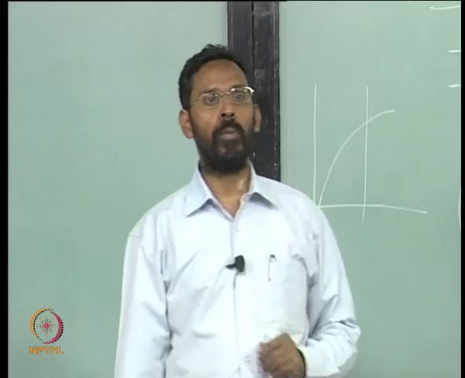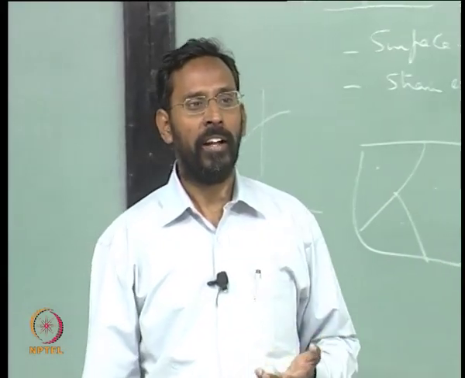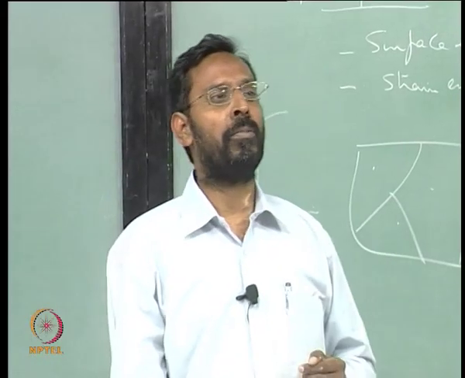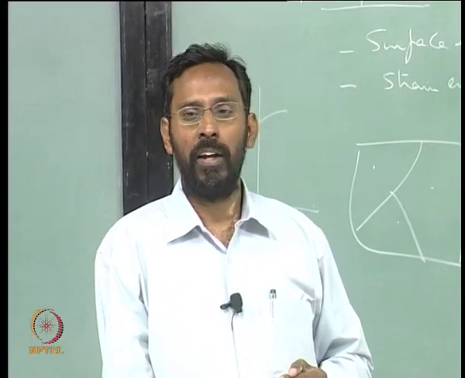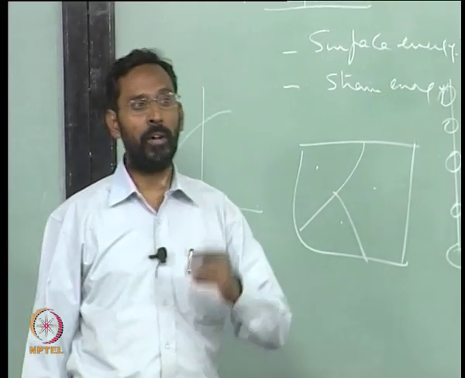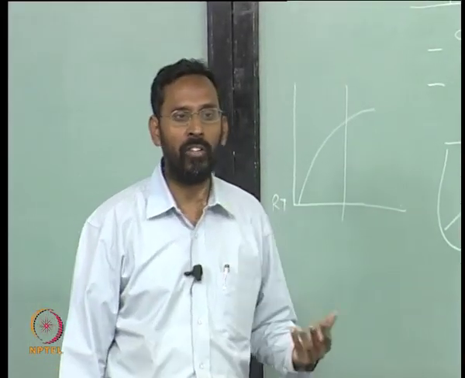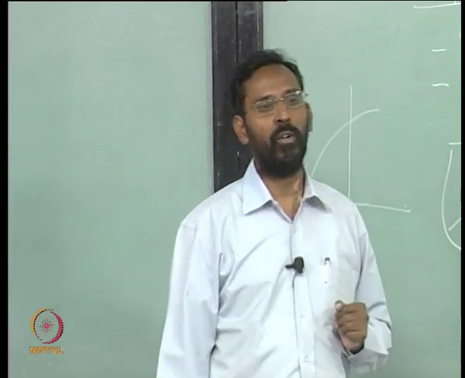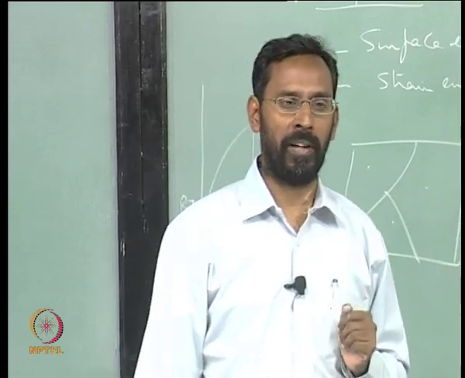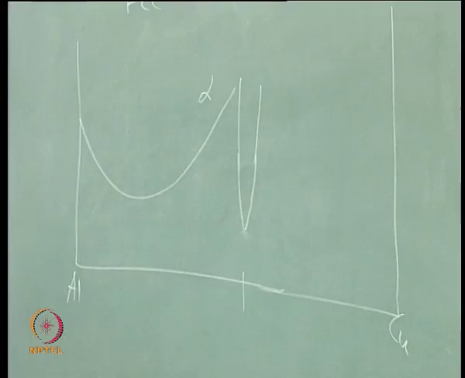To get this supersaturation. If I do not quench it, then what happens? Yes, theta will precipitate at the grain boundaries. In fact this is what people observe: whenever you are doing age hardening, unless you really quench it fast, you do not see this whole thing, otherwise during the cooling itself you can have precipitation taking place. So then the supersaturated solid solution does not form.